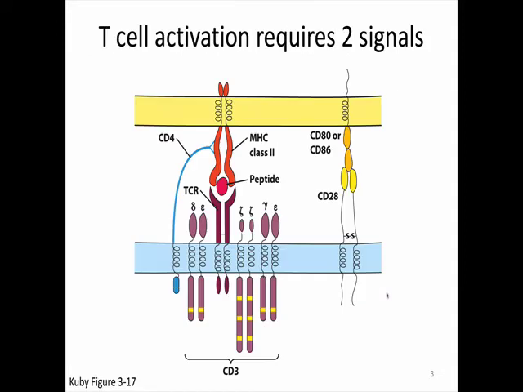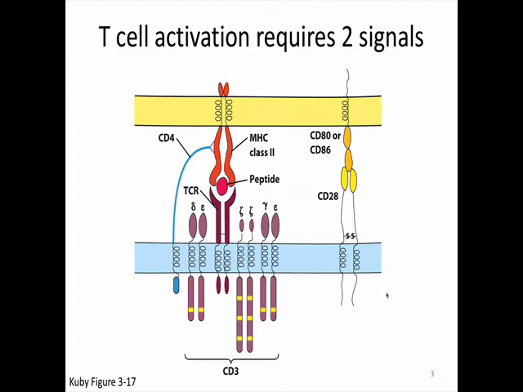So, to fully activate a T cell, and this is specific to fully activating a naive T cell, activating that T cell for the first time, the T cell, in fact, requires the receipt of 2 signals, not just 1.